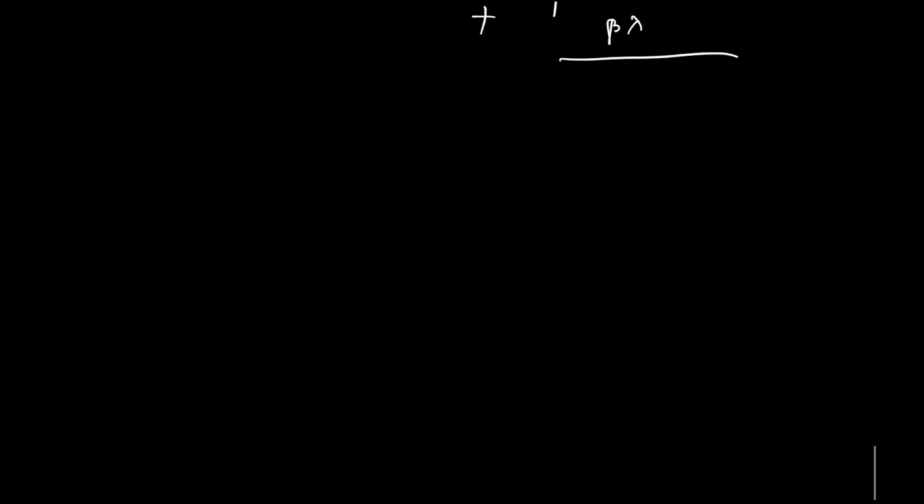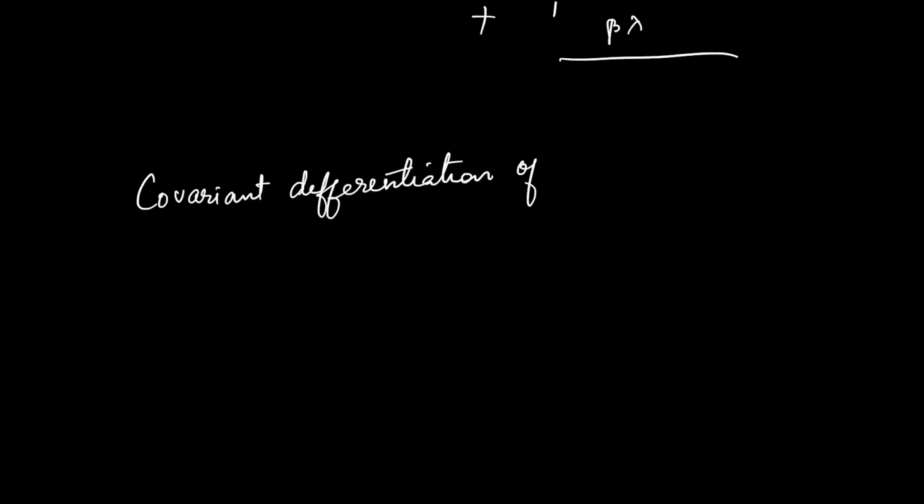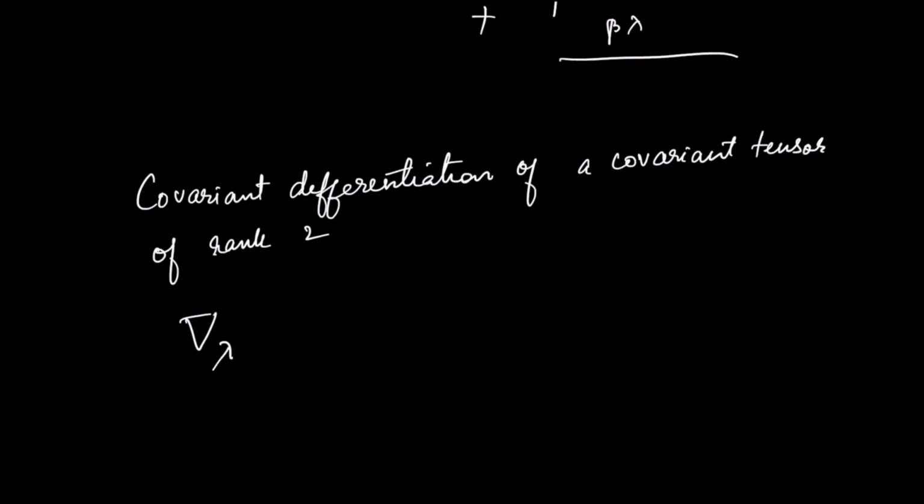Now the covariant differentiation of a covariant tensor of rank 2. Now I take a covariant tensor of rank 2. Similarly, it will be the partial derivative of A mu nu with respect to x lambda.